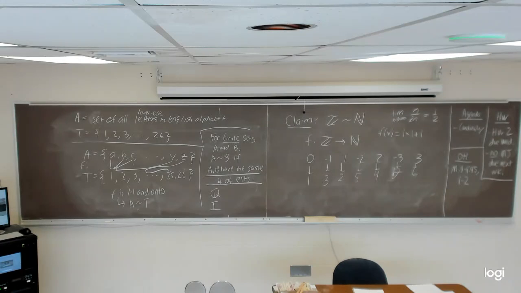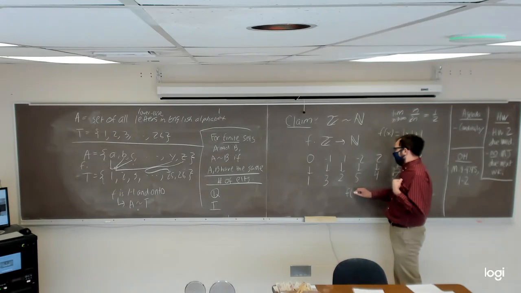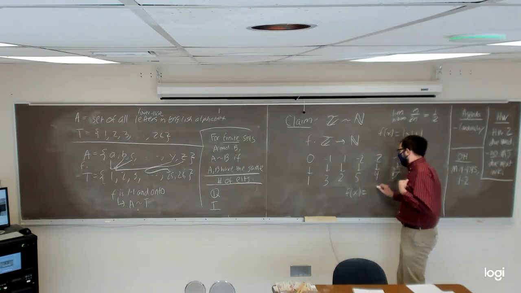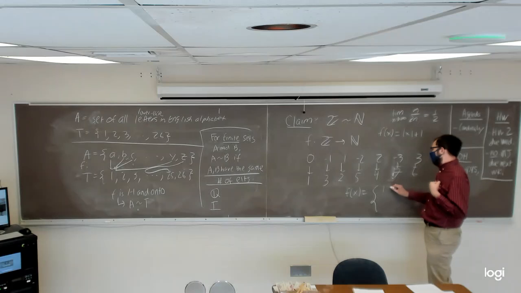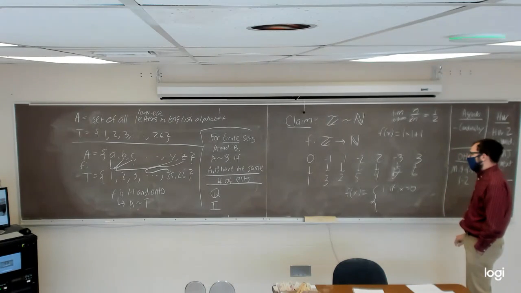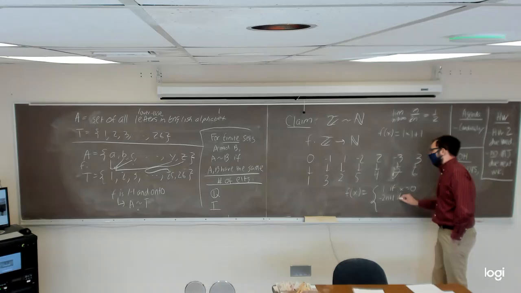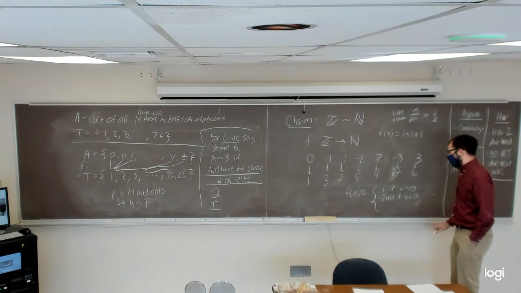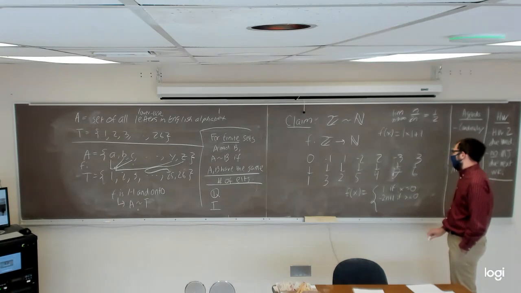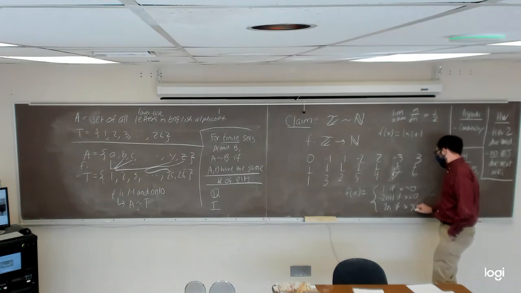No. If we wanted to prove this formally, we probably have to come up with a formula, something like f of x equals 1 if x equals 0, negative 2x plus 1 if x is less than 0, and 2x if x is greater than 0.